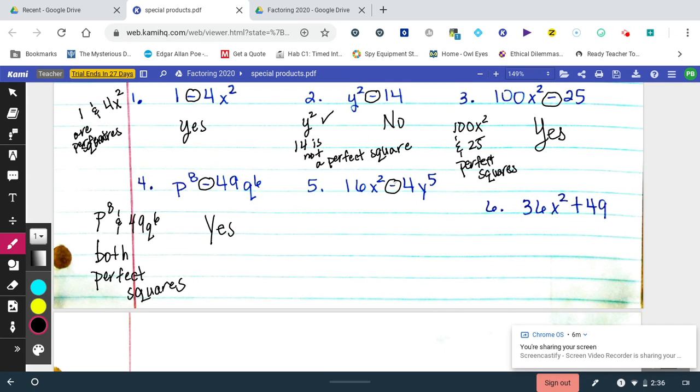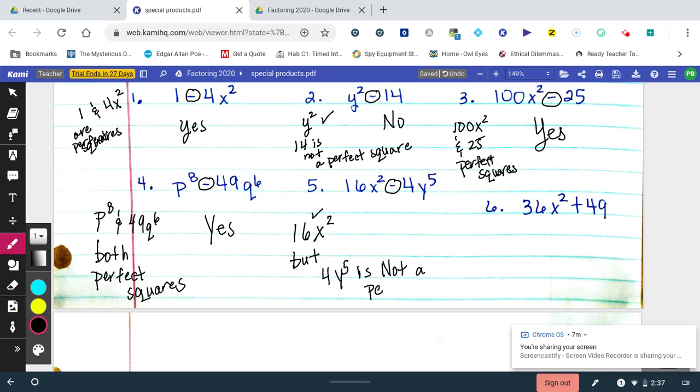All right, is there a minus in the middle? Yep, there is. All right, is 16x squared a perfect square? So let's check. 16 is a perfect square and x squared is a perfect square. That checks out. Okay, but 4y to the 5th is not a perfect square.